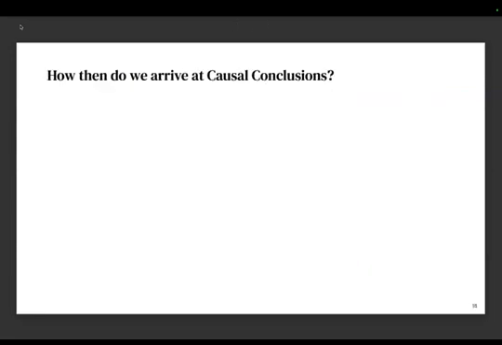Okay, so is there anything that can be done? Once you realize this challenge, there's two different ways you could go. Either you give up and think of interventional and counterfactual quantities as non-empirical to some sense, and statements that we shouldn't be talking about if we're hardcore data scientists.